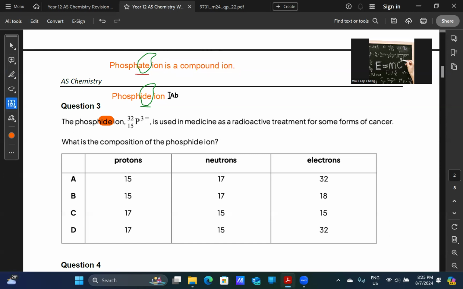However, if the ending is IDE, it is a type of simple ion. Then what is the difference between a compound ion and a simple ion?